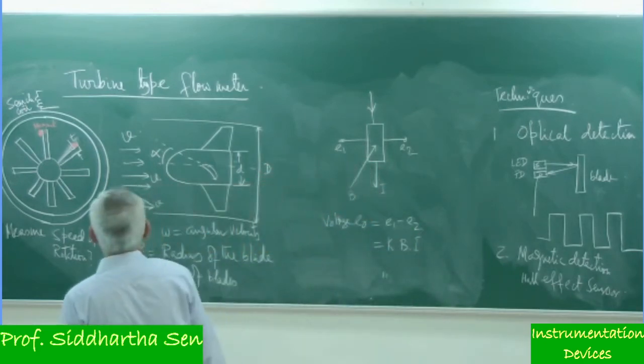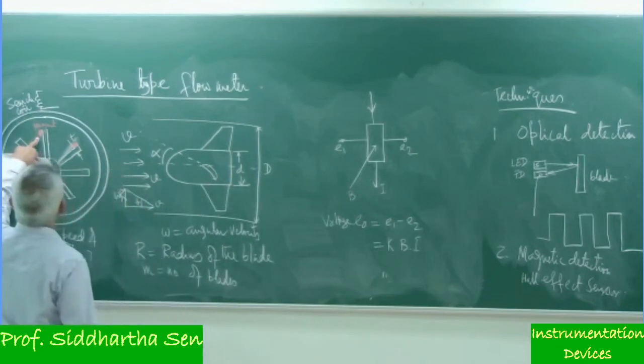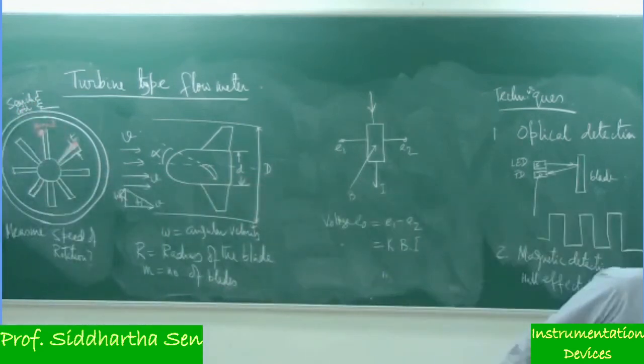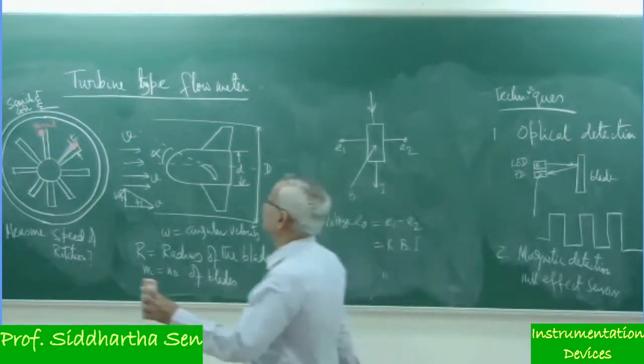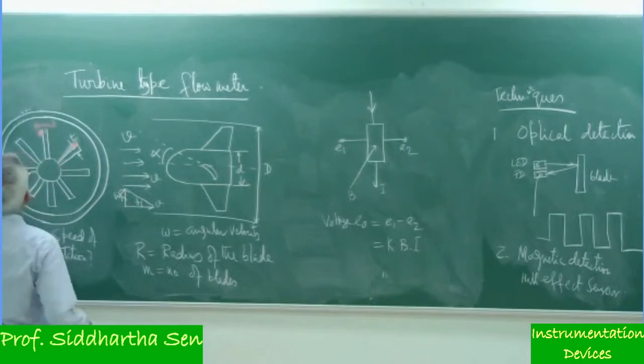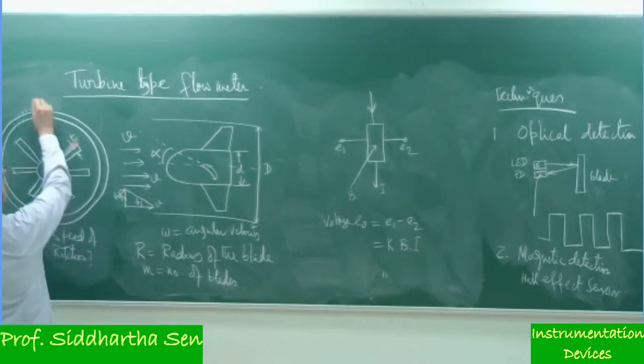So definitely whenever the magnet passes, instead of this search coil, I put a Hall sensor there. Very tiny Hall sensors are also available there. So we can put a Hall sensor here.